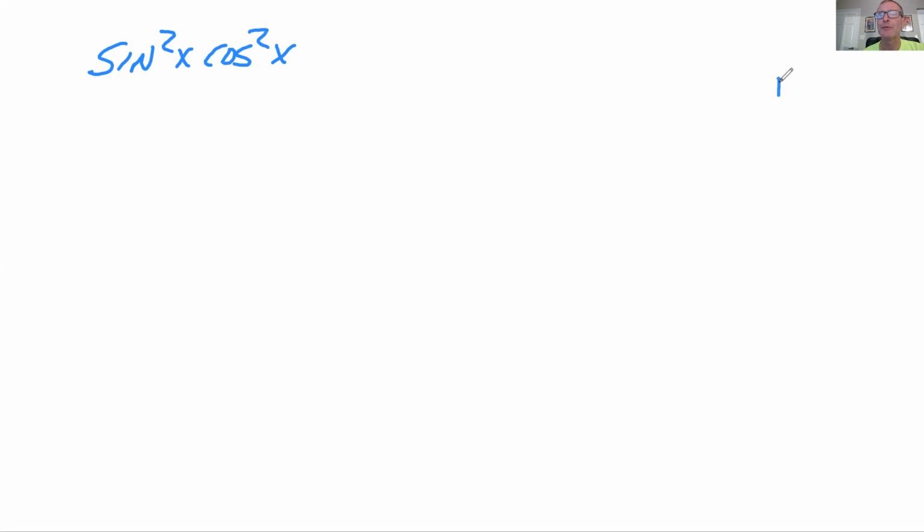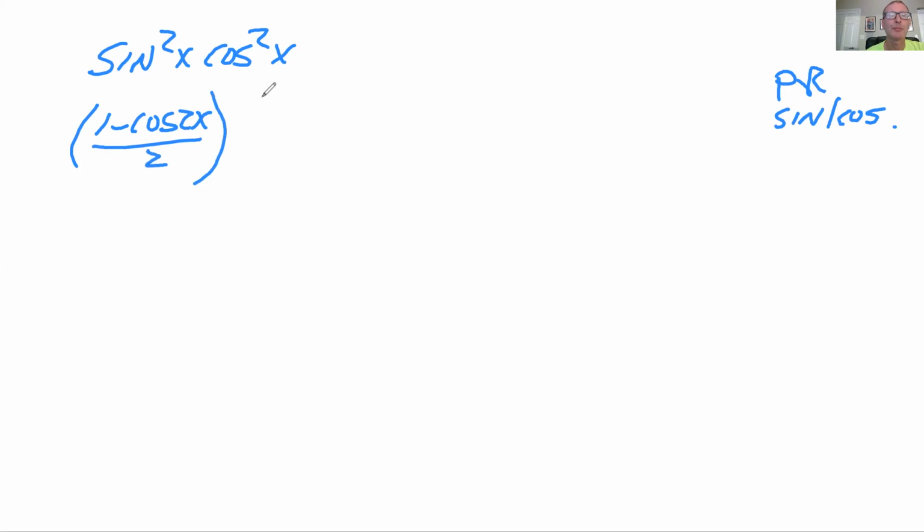We're going to do the power reducing for both sines and cosine on the first one. And so when we plug it in for sine, it's 1 minus cosine of 2x over 2. And when we plug it in for cosine, it's 1 plus cosine of 2x over 2.